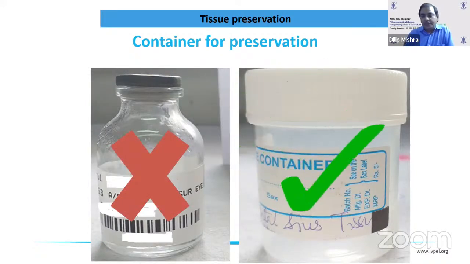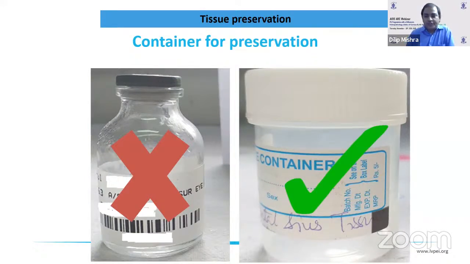This is the ideal container, a plastic container, with 10% buffered formalin fixative. So the rule is 10%. That means if the tissue size is 1 millimeter, then 10 ml of the formaldehyde solution should be in the container.